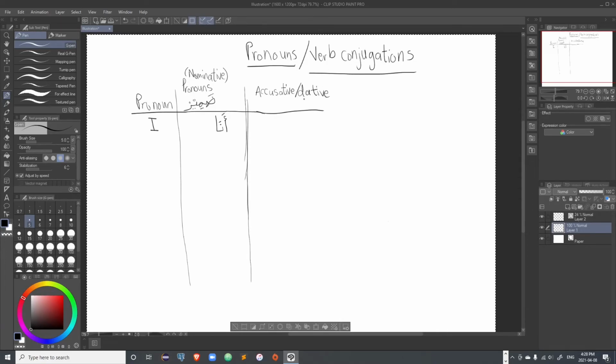For the accusative or dative states, the pronouns appear as a suffix to the verb, to the word.